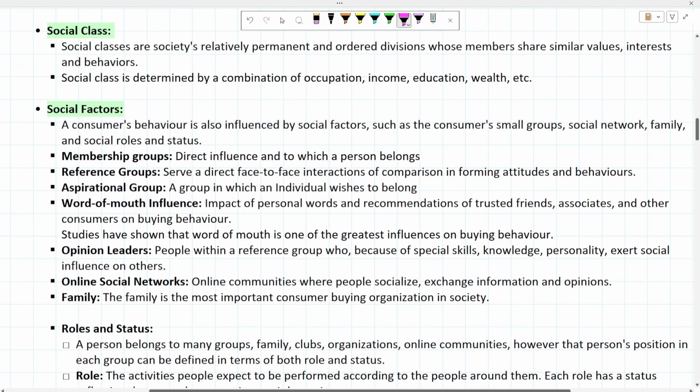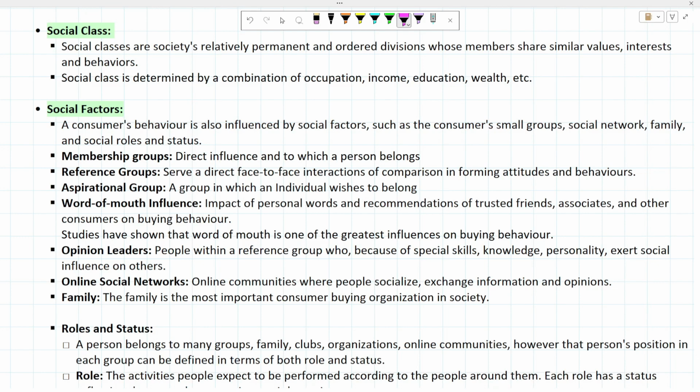Opinion leaders are people within a reference group who, because of special skills, knowledge, or personality, exert a social influence on others. This could be like celebrities who give their opinions.